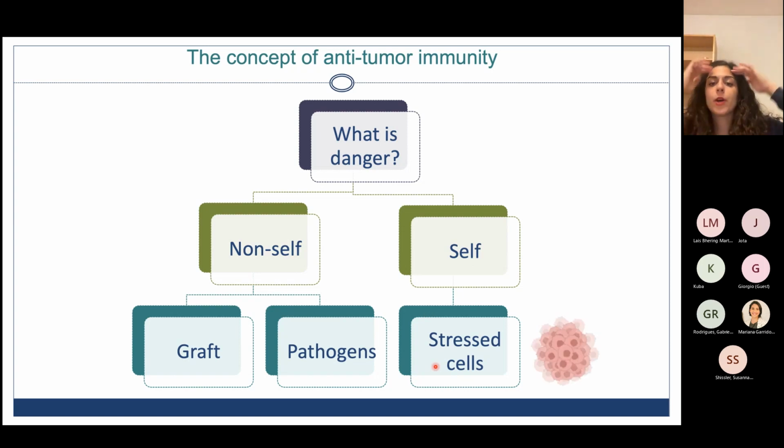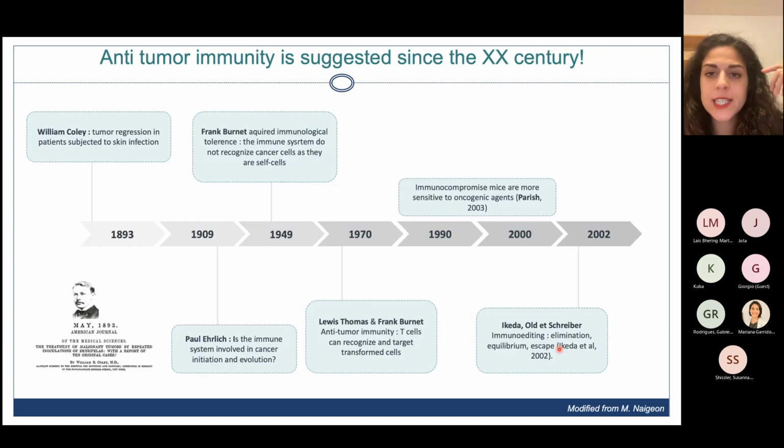So the concept of anti-tumor immunity is that even if cancer cells are coming from you, so are considered as self cells, they are stressed because of this anarchic proliferation, and then in theory can lead to immune response.